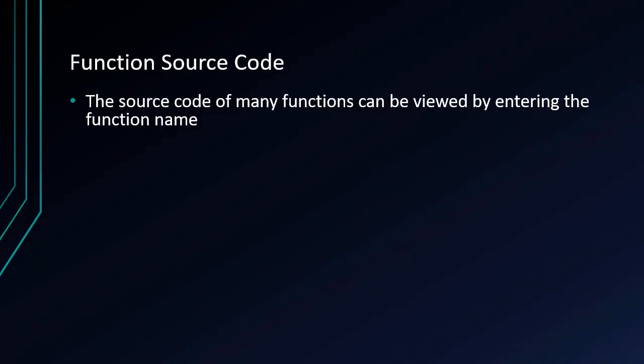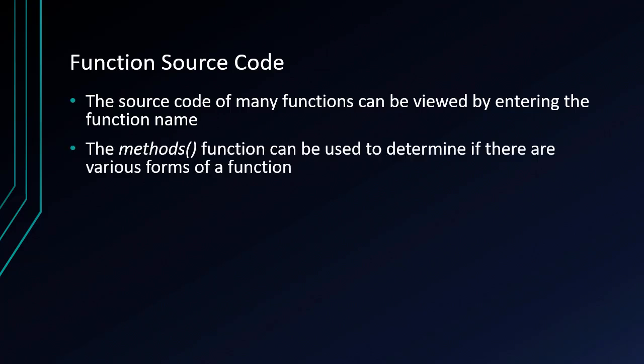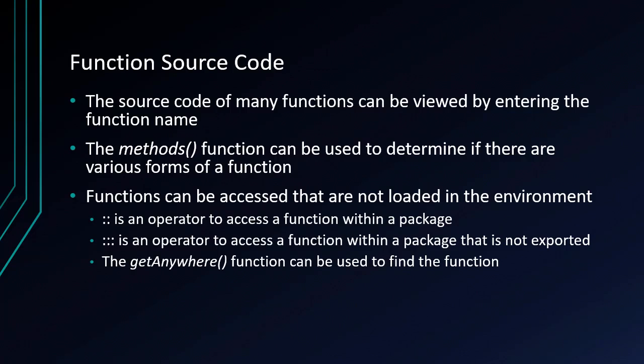The source code of many functions can be viewed by entering the function name. The methods function can be used to determine if there are various forms of a function. And we have some operators for accessing functions that we can't call up just by their name because they're not loaded in.